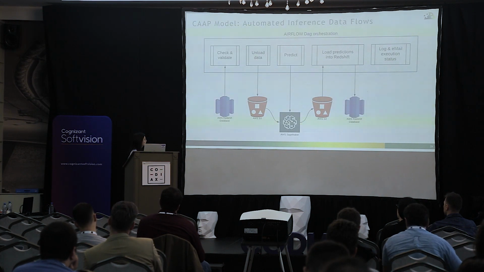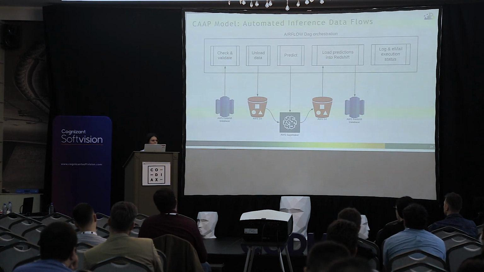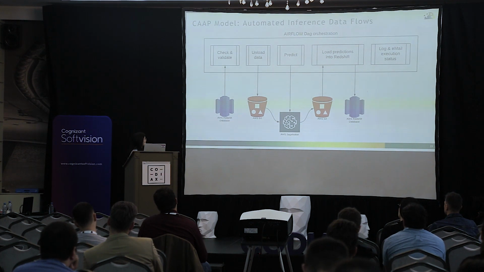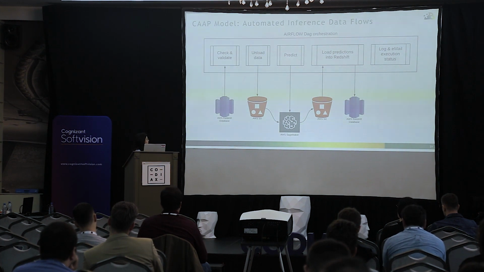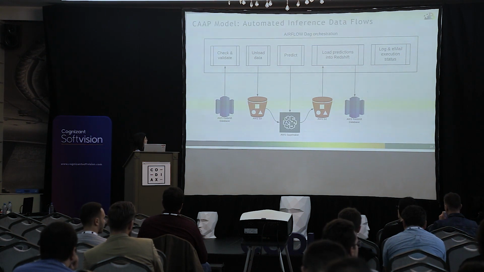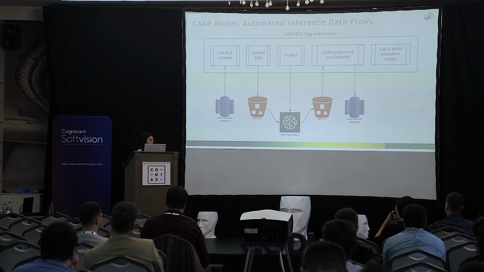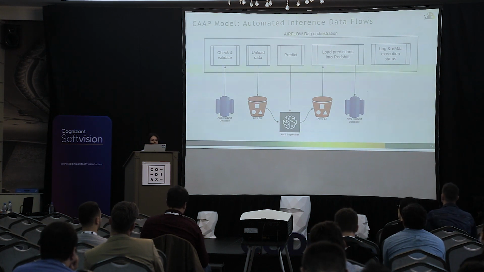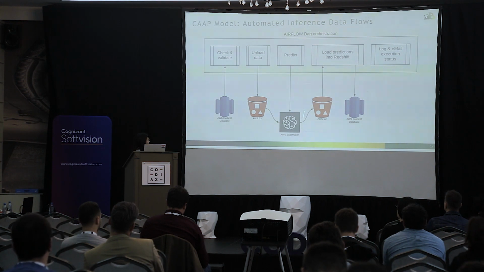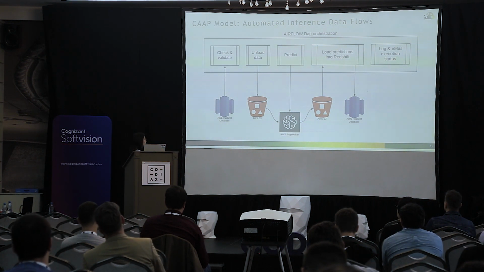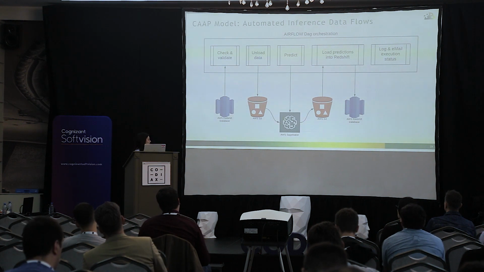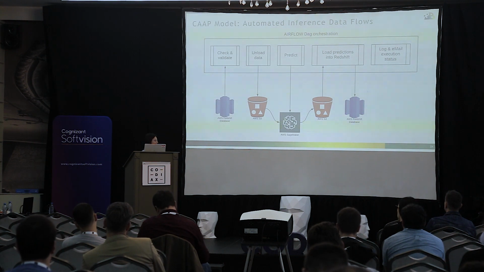In order to automate the process of getting predictions, we use this data flow. It is automated using Apache Airflow, which is an open source platform for orchestrating and scheduling workflows. Here we also use AWS SageMaker, and we use batch predictions because we have large amounts of data.